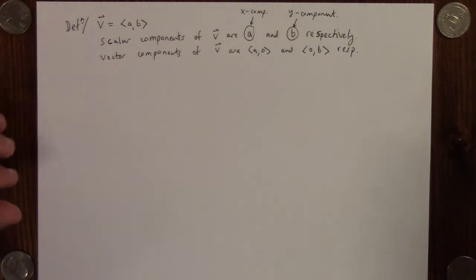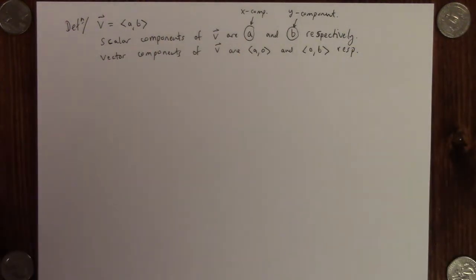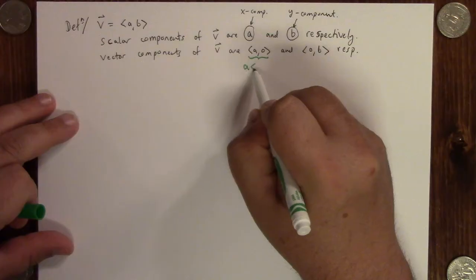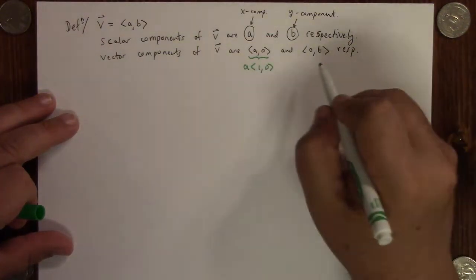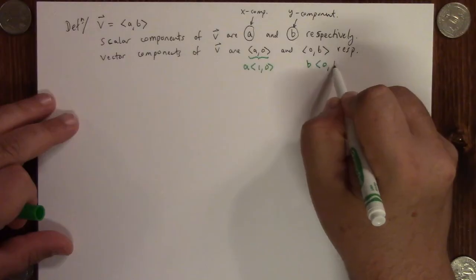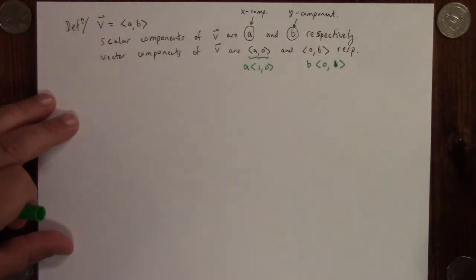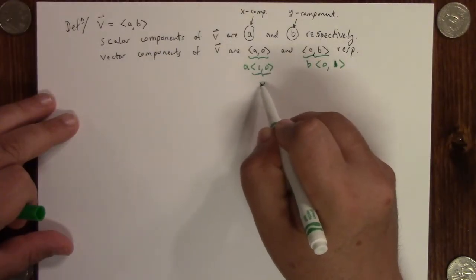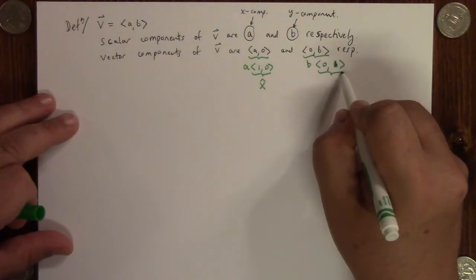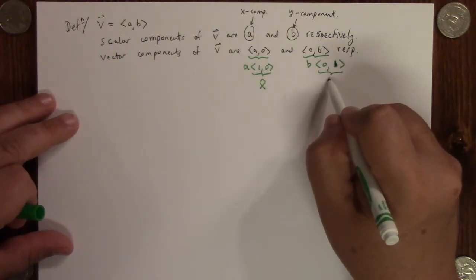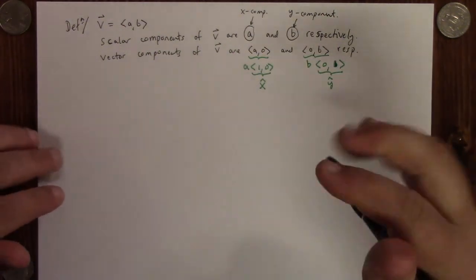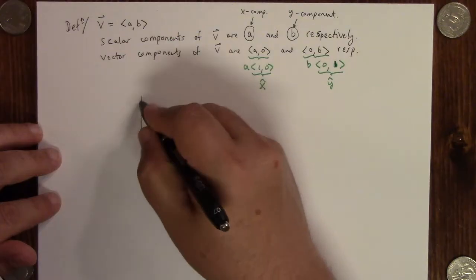Now, it's nice to have a clean notation for these vector components in terms of the scalar components. Another way we can write this is a times (1, 0), and we could write this as b times (0, 1). This little vector here by definition is x hat, the unit vector in the x direction. And this little vector is y hat. So, at the risk of boring you, let me draw a picture again.